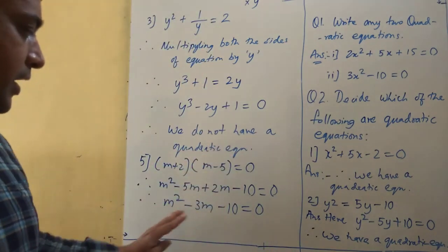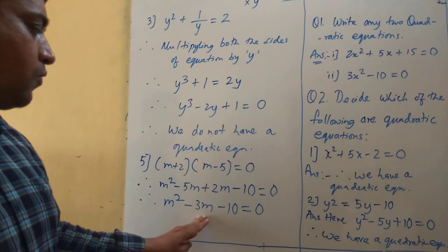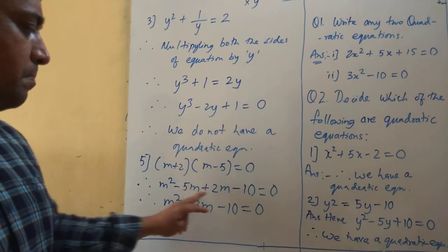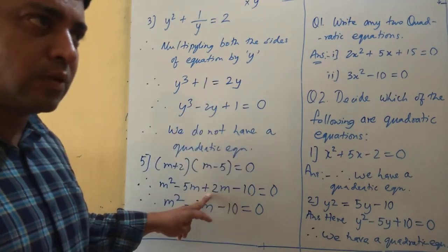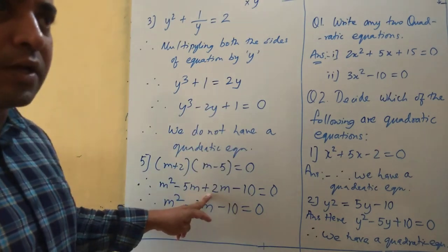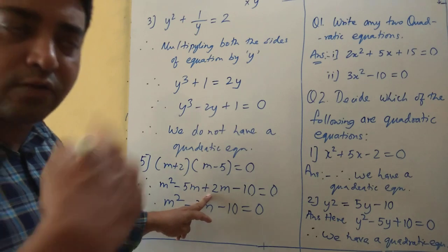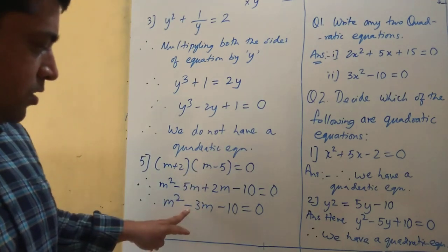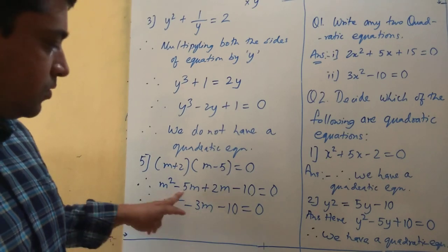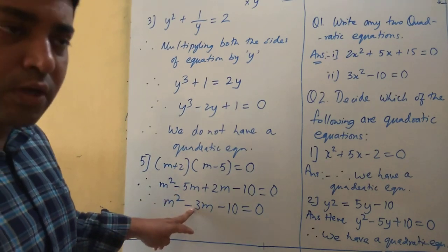Once I solve this, I get m square minus 3m. Why minus 3m? Minus 5m plus 2m. Minus plus is always minus. Okay, and we put the sign of the greater number. You studied this, okay, correct? So minus 3m, negative sign, number is greater, so negative sign.